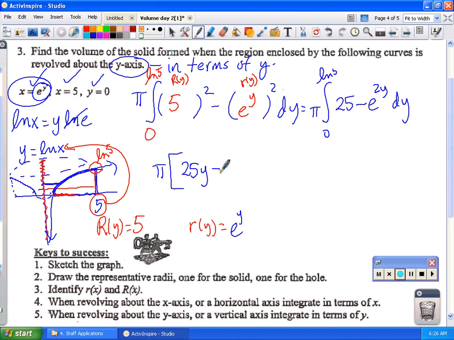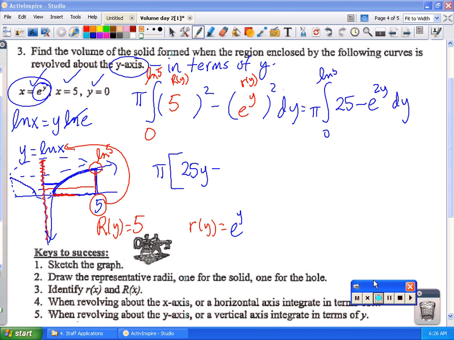When I find the antiderivative of that, I'll get pi times 25y minus, now again, yesterday we did a problem like this. The e to the 2y technically needs a u substitution, and you can come down here if you want to and do u equal to 2y, du is equal to 2 dy, and we're going to get rid of the 2, divided on both sides.